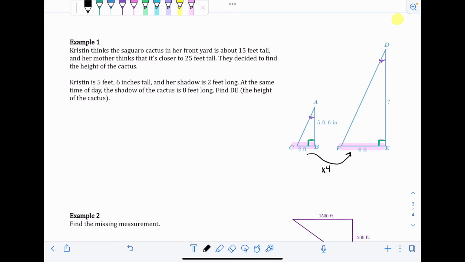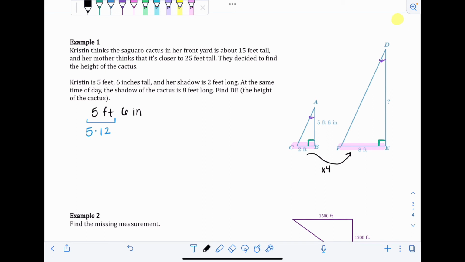Okay, so we can take Kristen's height, which is 5 feet 6 inches, and convert that whole thing to inches. Every foot has 12 inches, so to convert we'd do 5 times 12.